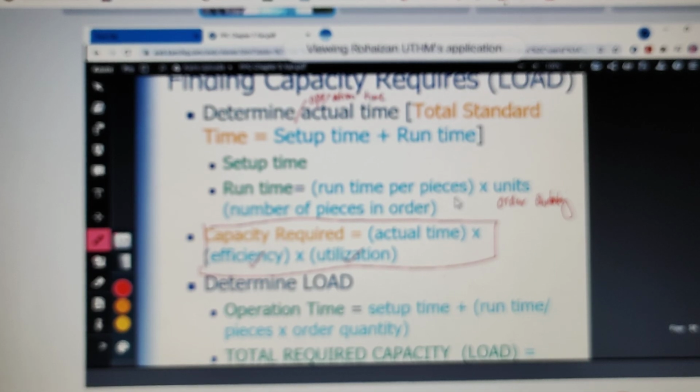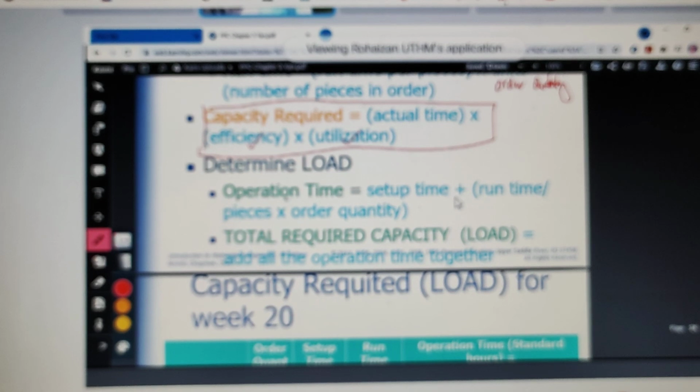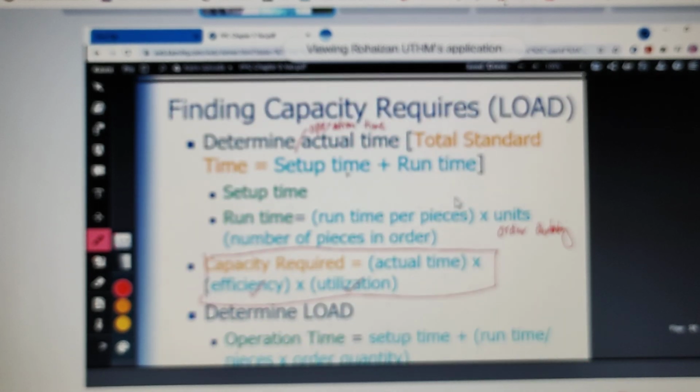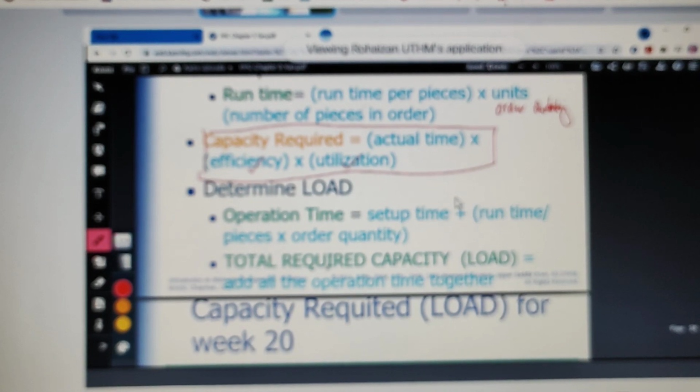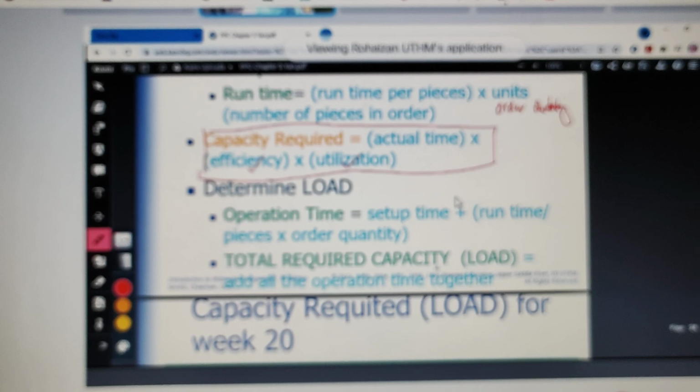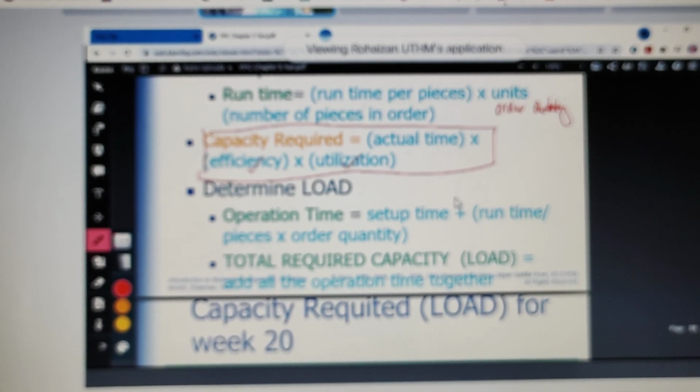The operation time is the same as before: setup time plus run time multiplied by order quantity, sometimes called actual time or total standard time. After we get this, we need to total up the required capacity by adding all the operation times together.